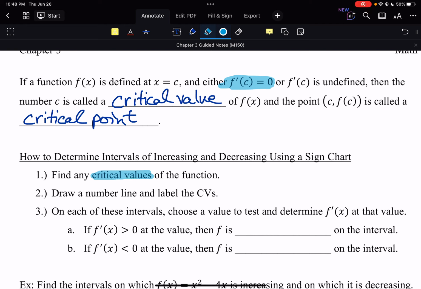We're going to draw a number line and label the critical values. And then on each of these intervals, we're going to choose a value to test and determine f prime of x at that value.